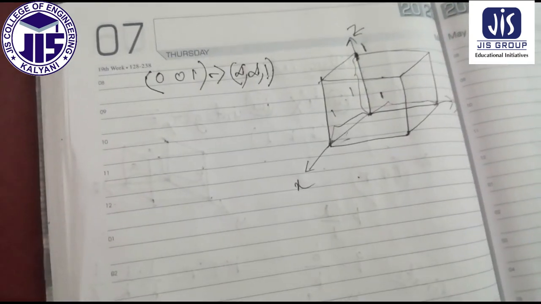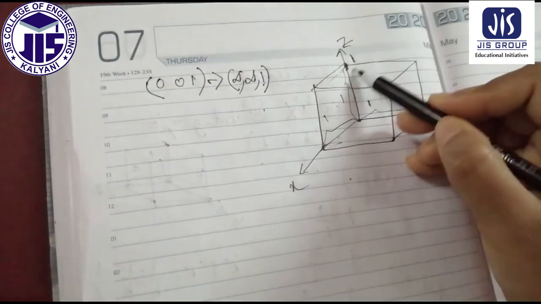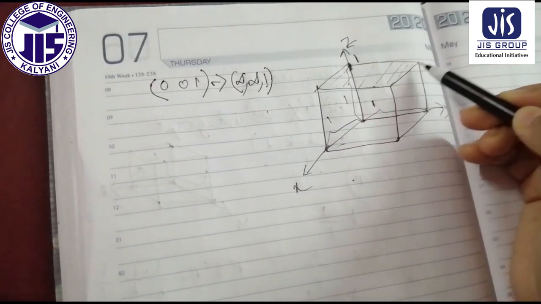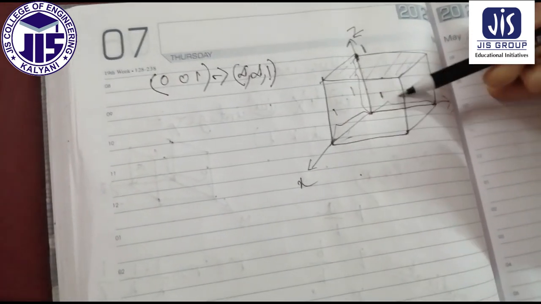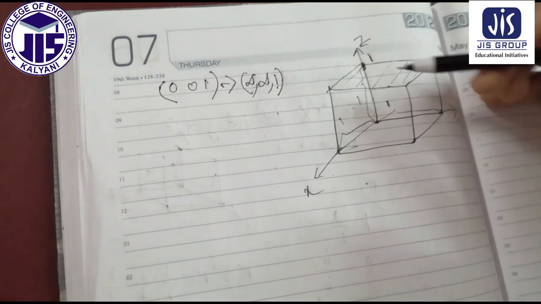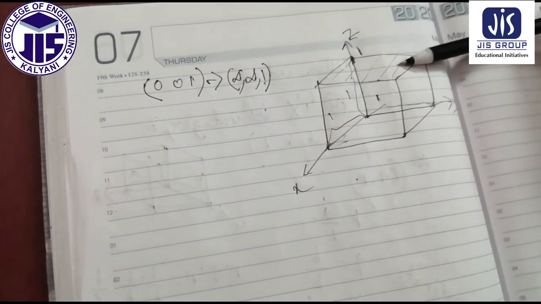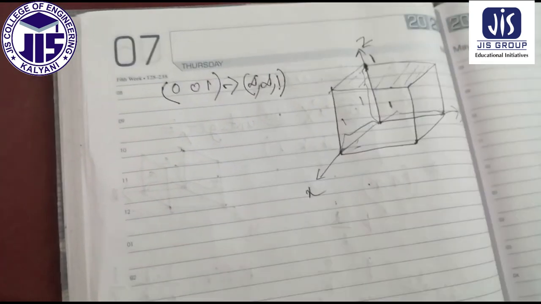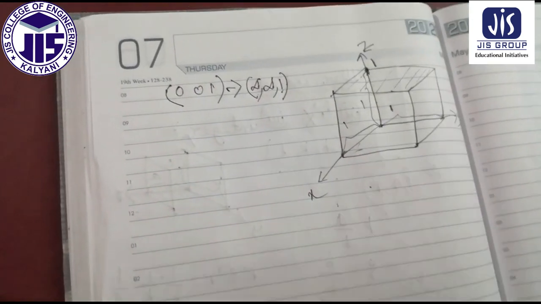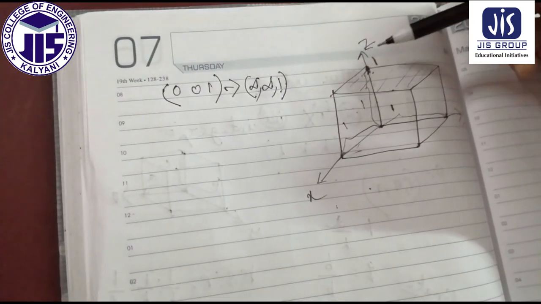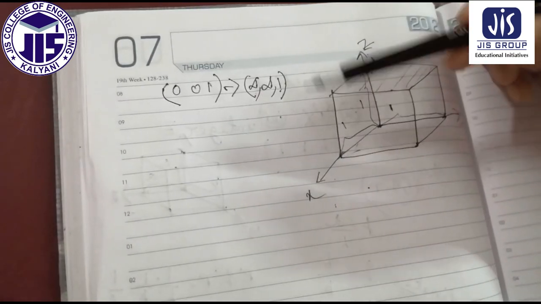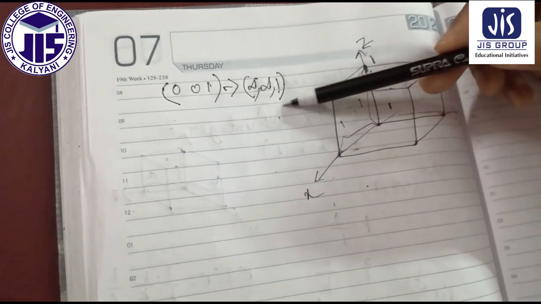Therefore, if we consider this upper plane, as we can see, it is parallel with the x-axis and also parallel with the y-axis, but it lies at 1 on the z-axis. Therefore, the coordinate is infinite, infinite, 1.